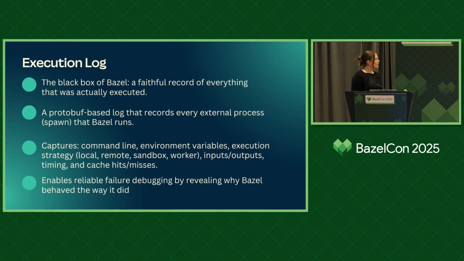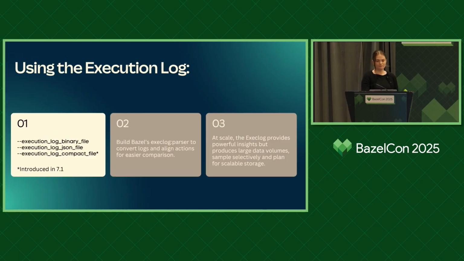It captures every external process that Bazel runs, like the command line, environment variables, inputs and outputs, execution strategy, timing, and cache hits or misses. If you want to understand why Bazel behaved the way that it did, this is where you look. It makes it a highly reliable source for debugging unexpected Bazel behavior.